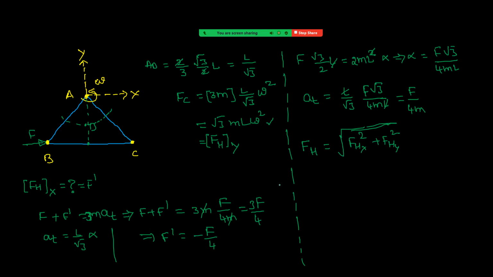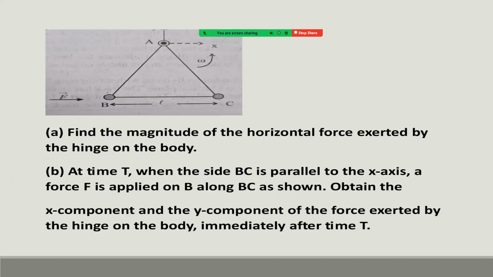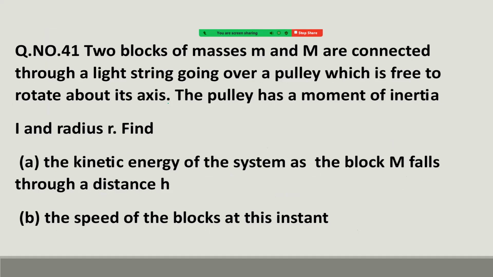Now in this they're asking only the x component and y component, not the magnitude. If they ask magnitude, take the sum of the squares under root. That means in all these cases, to find a hinge reaction we are taking the force equation for center of mass. Right? Let us see the next problem.